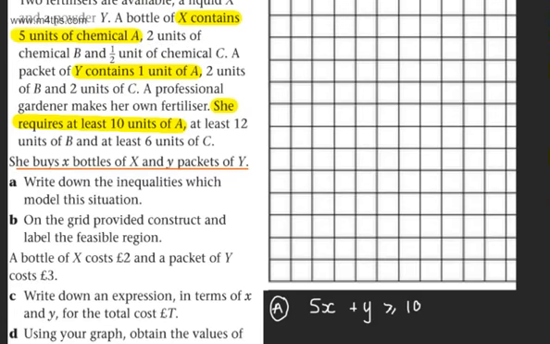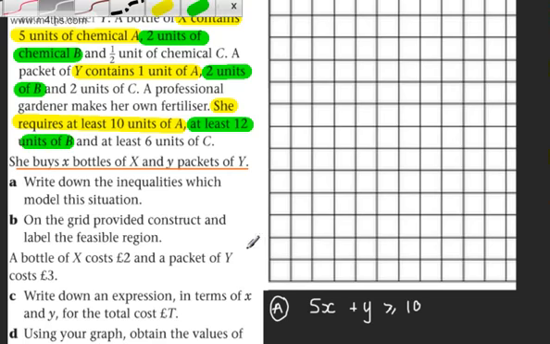If we now consider the next bit of information for B, the first one, which is X, has got 2 units of chemical B. We've got here that Y has 2 units of B, and we're told that we need at least 12 units of B in total.